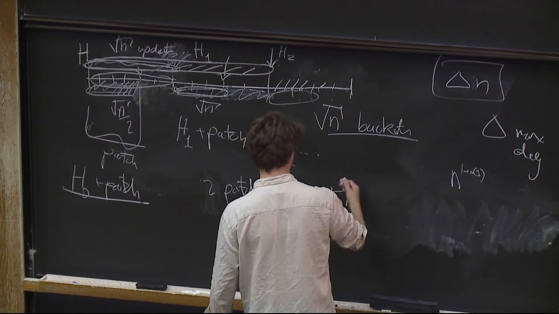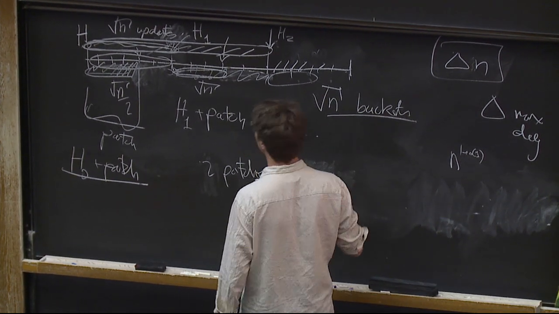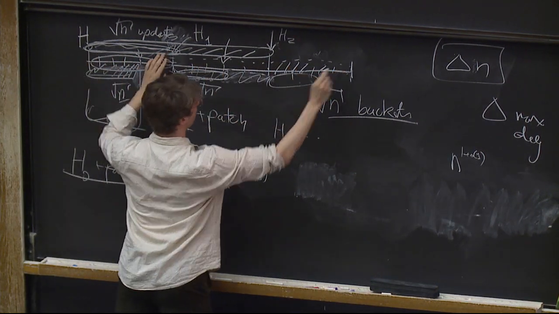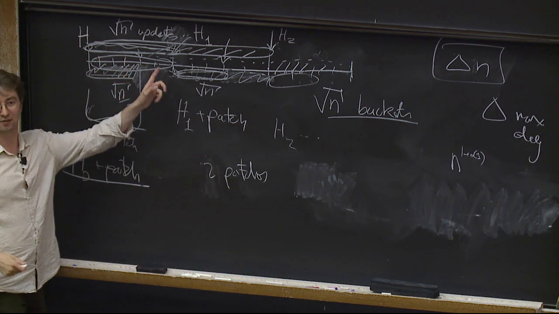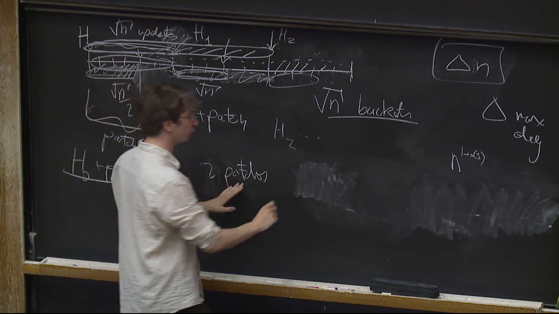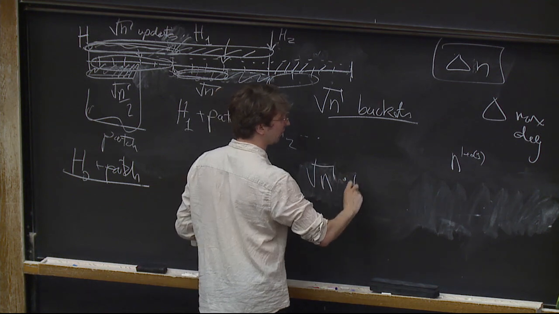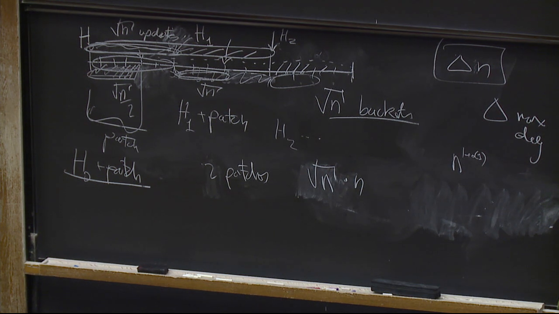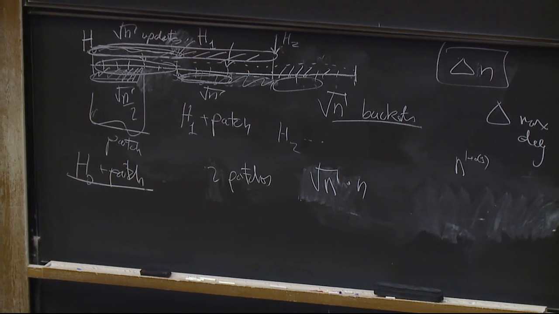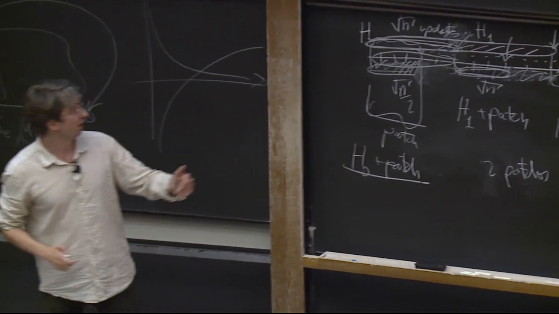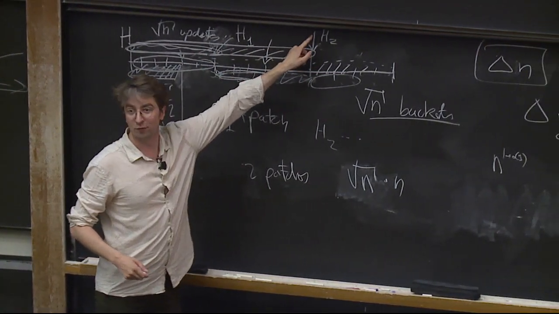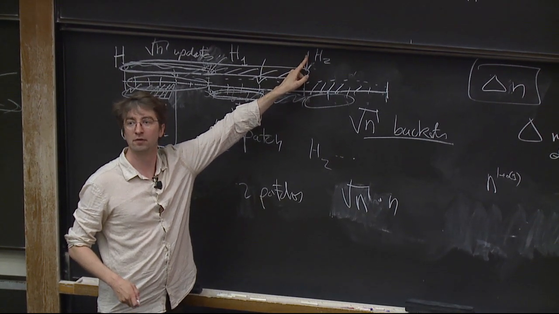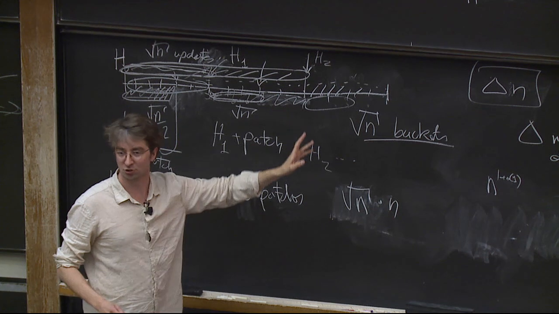The total number of updates where I'm computing a square root n patch is just every single update, right? So I'm doing a square root n patch n times across the whole thing. How many times am I computing a full patch, a patch with respect to everything? Square root n times, ish.